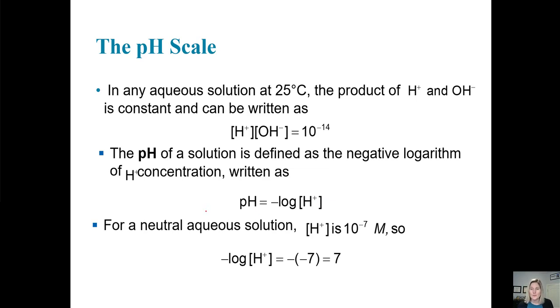When we have a neutral solution, we're going to have basically an equal amount of hydrogen ions to hydroxyl ions. And so our pH is going to end up being a 7 or neutral. Okay, so that means that the molarity of the solution is 10 to the negative 7 for the hydrogen ion concentration.